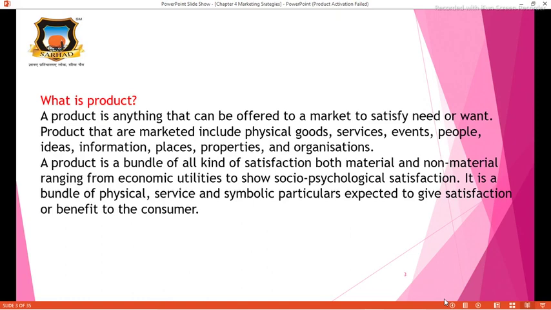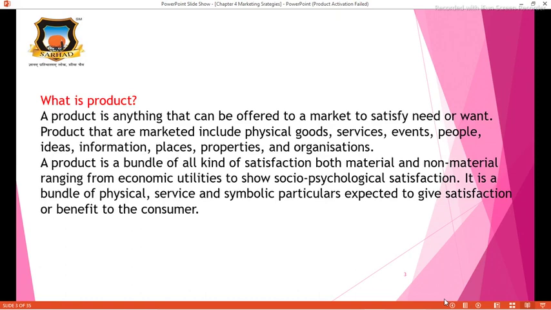A product is a bundle of all kinds of satisfaction, both material and non-material, ranging from economic utilities to socio-psychological satisfaction. It is a bundle of physical, service and symbolic particulars expected to give satisfaction or benefit to the customer. A product may be goods plus service too.